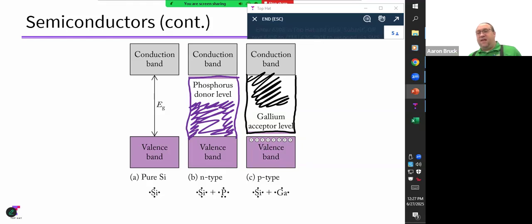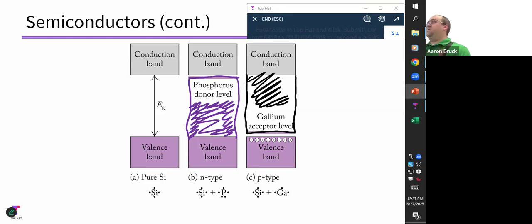And because the gap is now shrunk in that direction, it's a lot easier for the electrons to flow through the sample of silicon, because their conduction band is a lot closer to their valence band now.